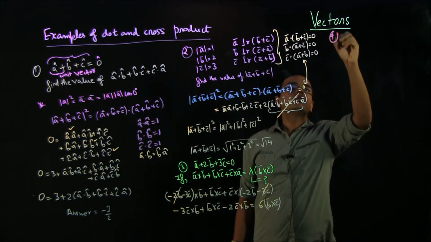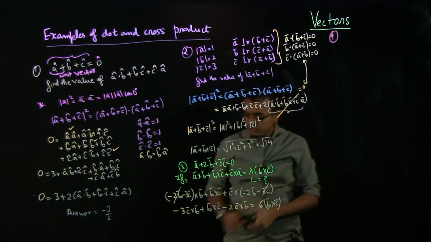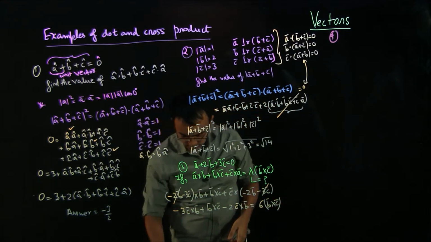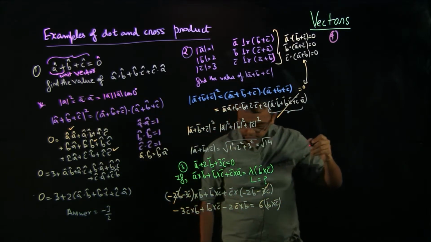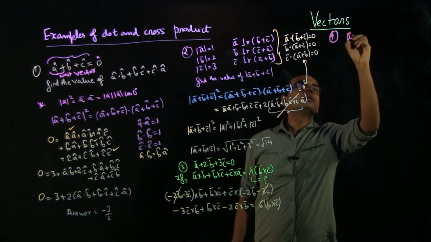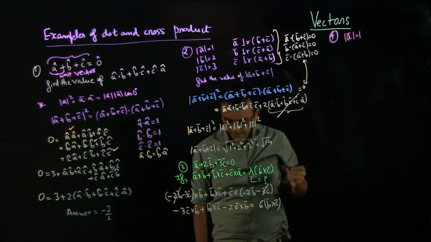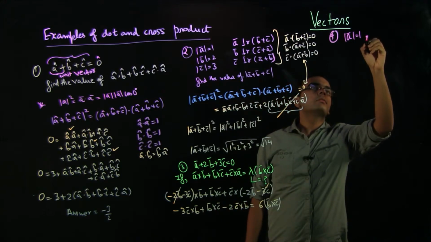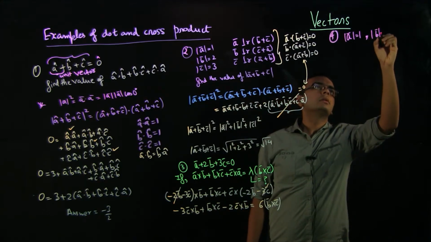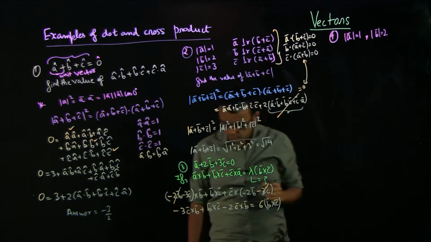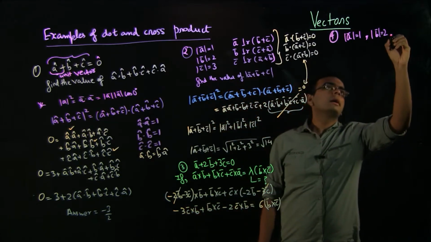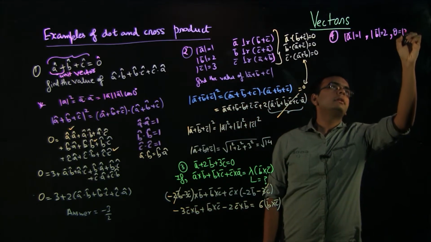So the fourth problem that I want to do is: mod a is equal to 1, mod b is equal to 2, the angle between them is 120 degrees.